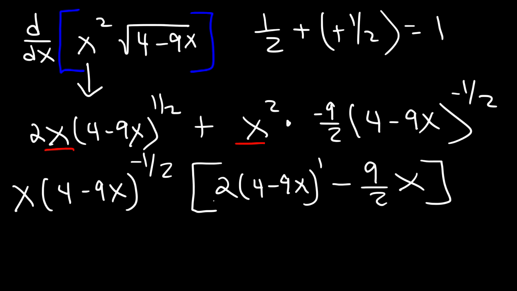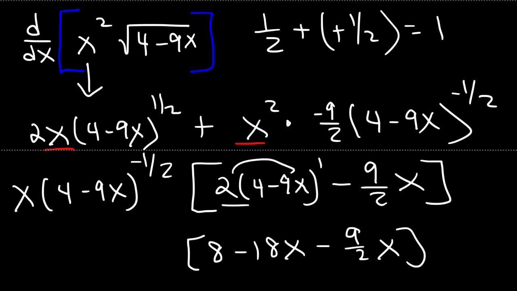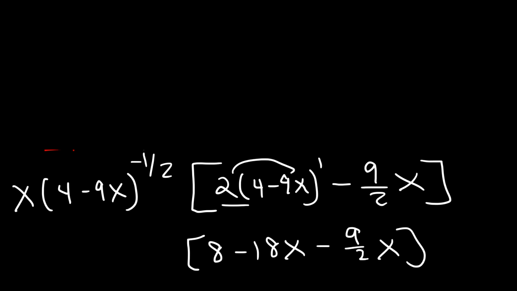So first, let's distribute 2. So this is going to be 2 times 4, which is 8. And then 2 times negative 9x, that's negative 18x. And then minus 9 over 2x. Now we need to get common denominators. So 18x, I'm going to multiply by 2 over 2.